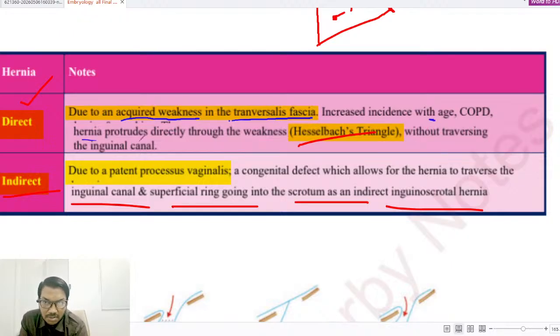Hernia protrudes directly through the weakness, that is Hesselbach triangle, without traversing through the inguinal canal. Remember Hesselbach triangle? Can you tell me the boundary of Hesselbach triangle?